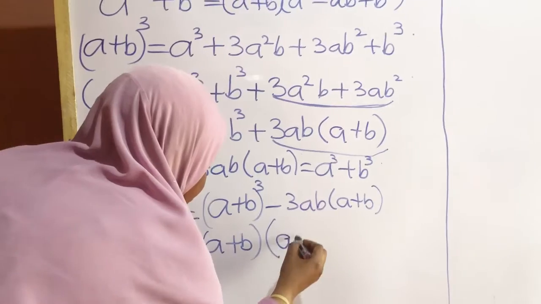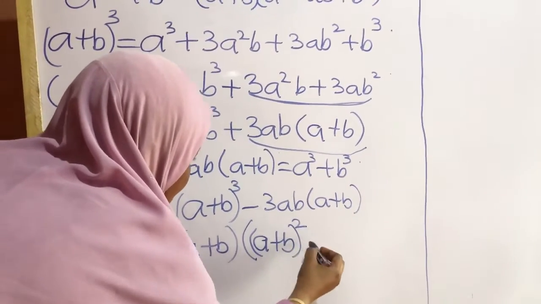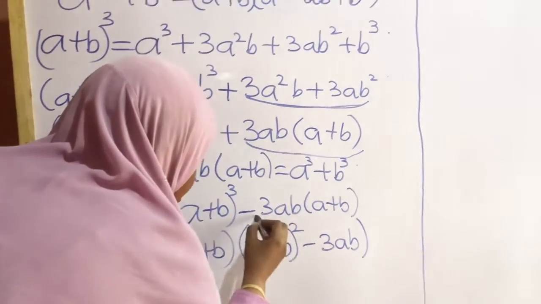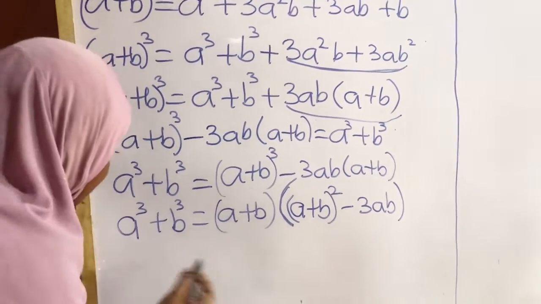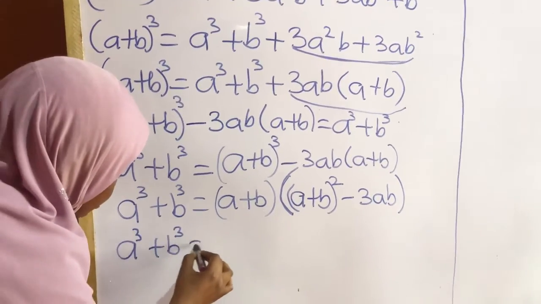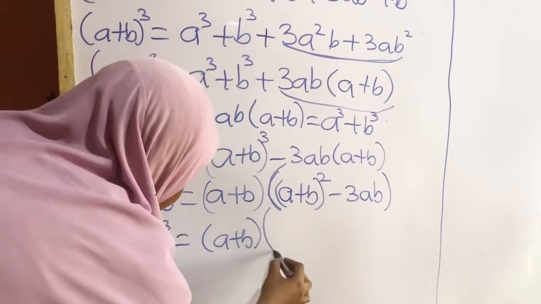So I have a plus b squared, then minus 3ab, then another big bracket. So from here, I can now expand this. So I have a cubed plus b cubed is equal to a plus b, then big brackets.